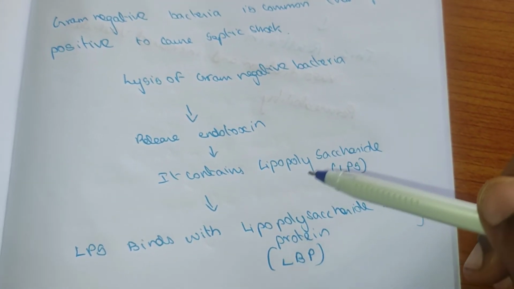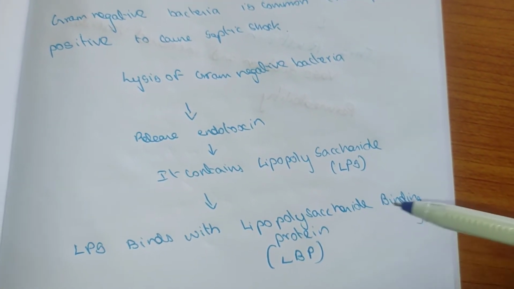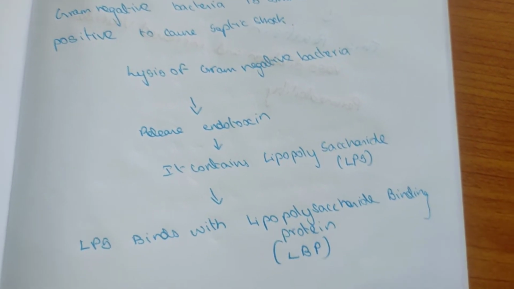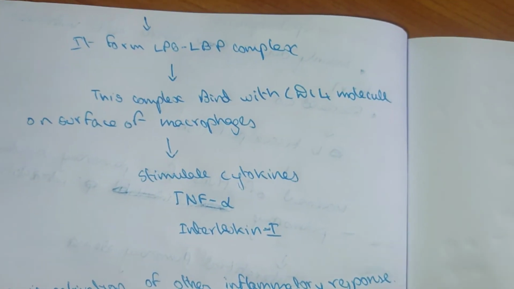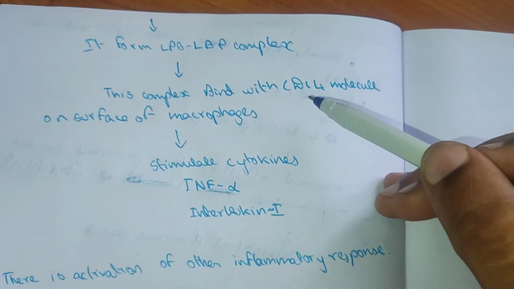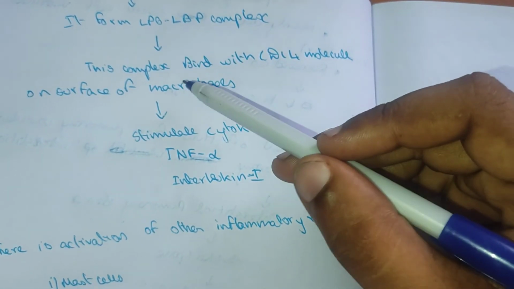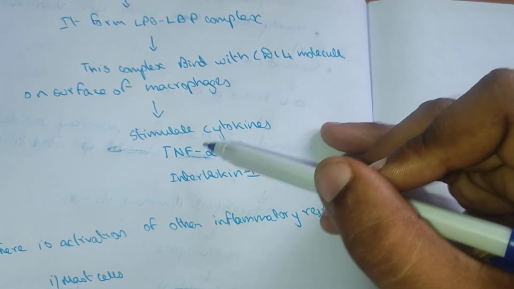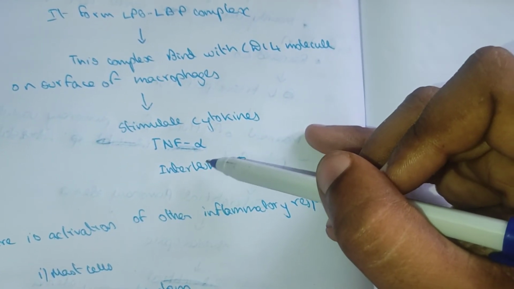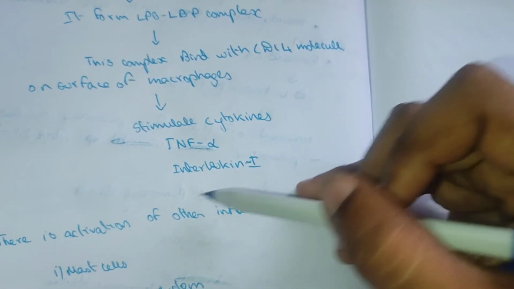This lipopolysaccharide binds with lipopolysaccharide binding protein and forms a complex, and this complex binds with the CD14 molecule on the surface of the macrophage, and this stimulates the cytokines tumor necrosis factor alpha and interleukin 1.